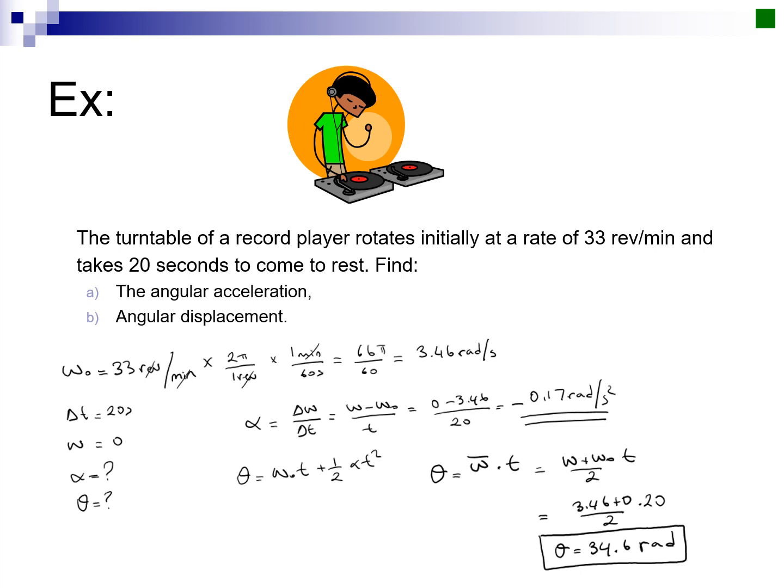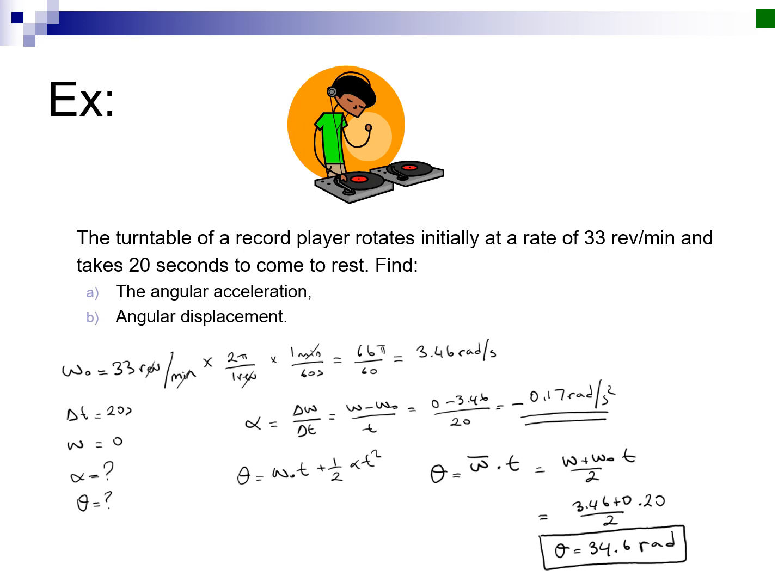Now, revolutions per minute is not our standard unit for angular velocity, so we need to convert it to radians per second. So, first of all, 2 pi makes 1 revolution, and in 1 minute we have 60 seconds. So with the dimensional analysis, we have the minutes and the revolutions cancelled out.